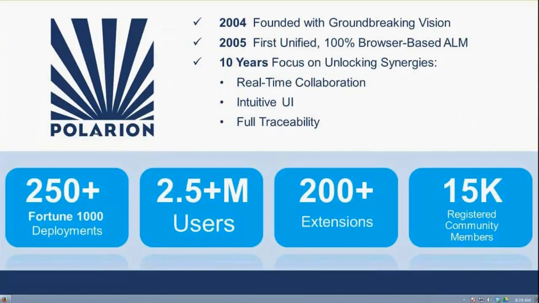A little bit about Polarian. We were founded in 2004, and in 2005, we released the first unified 100% browser-based ALM solution. We have over 10 years focusing in this space, and in that time, we've amassed over 250 Fortune 1000 deployments. We have 2.5 million plus users, over 200 extensions, and 15,000 registered community members contributing extensions and participating on our forums and our community sites.